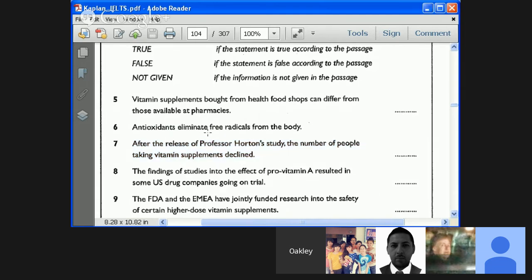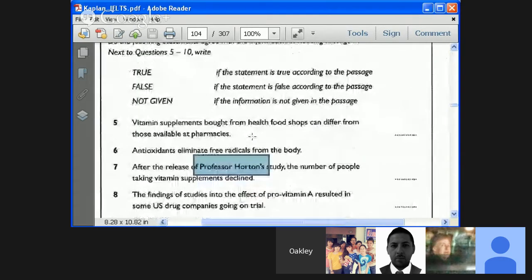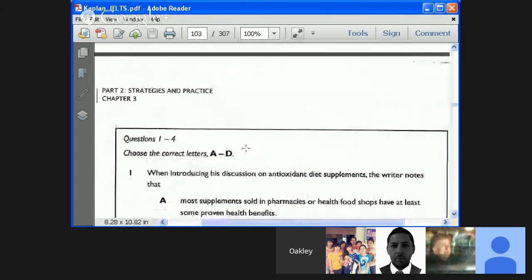What's our keyword, Carlos? I will say Harton, the last name. Yeah, any words with capital letters are going to be much easier to find, as are acronyms, which are all capital letters, or dates. Numbers are easy to find, any numbers. So let's look for Horton. Again, did people buy fewer vitamins after her study?